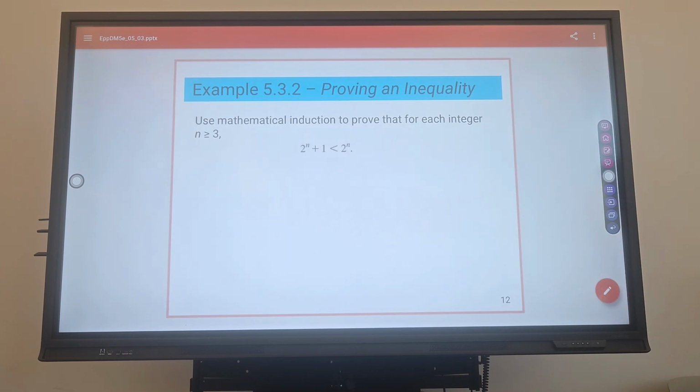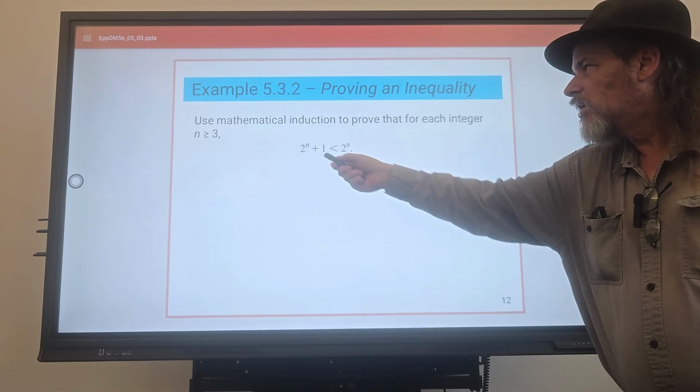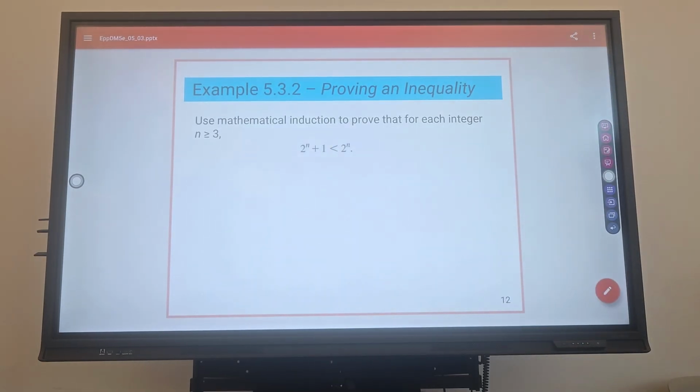Use mathematical induction to prove that for each integer n greater than 3, this one. I'm going to skip over this example because it's full of typos. It's supposed to be 2n, not 2 to the n. There.